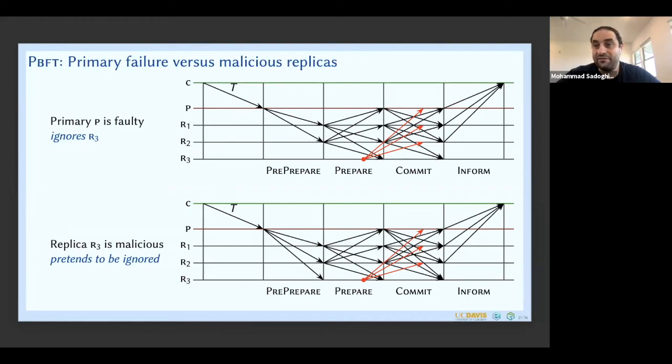For example, if F+1 replicas raise their hand, and we know that there can only be F faulty replicas. So if F+1 replicas raise their hand saying something is not right, then we know at least one of them is honest. So that we know that then something needs to take place.